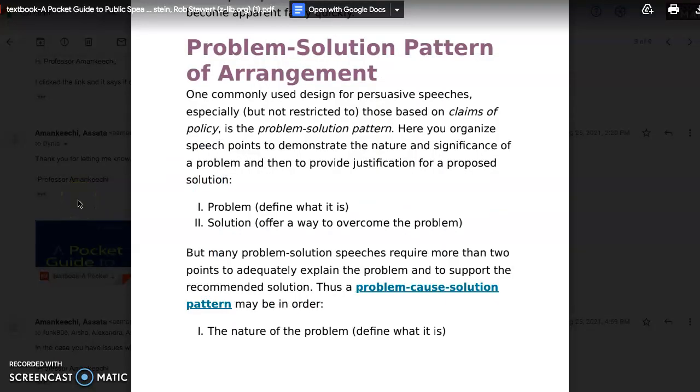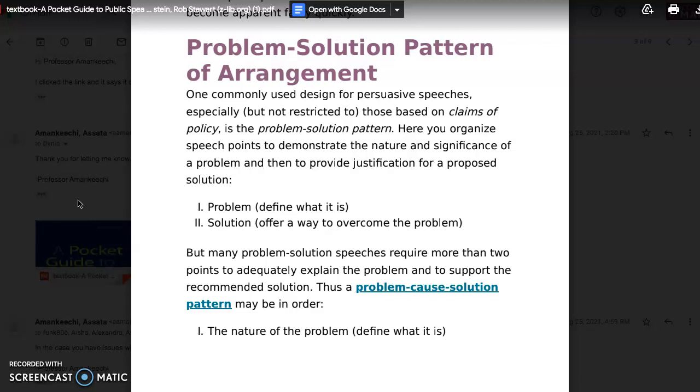Okay, in talking about the different organizational patterns, I have our textbook out. I'm in chapter 24, which is where all of the information that I've mentioned thus far, including claims, evidence, warrants, counter evidence, and organizational patterns of various claims can be found.